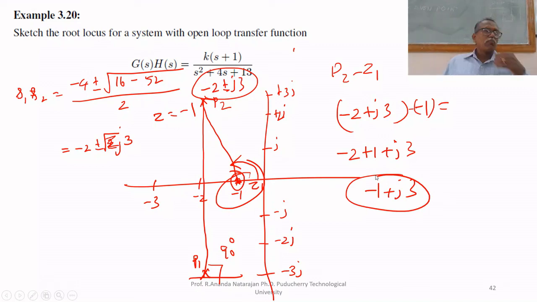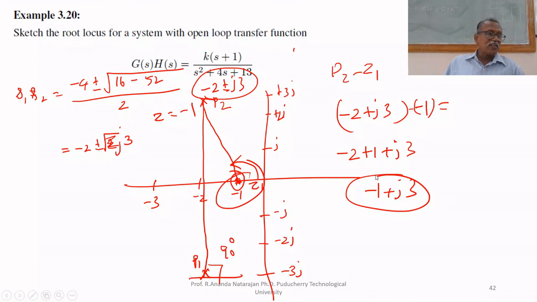Call the function polar to rectangle. Enter minus 1 comma 3 and press equals. You get magnitude 3.16.